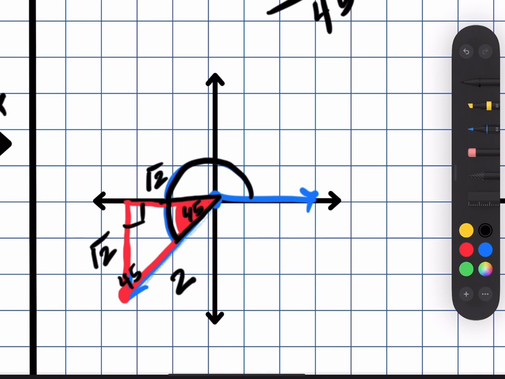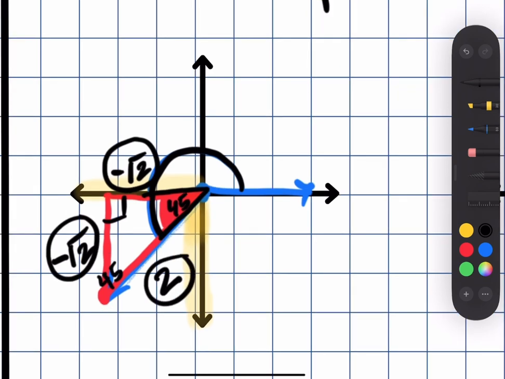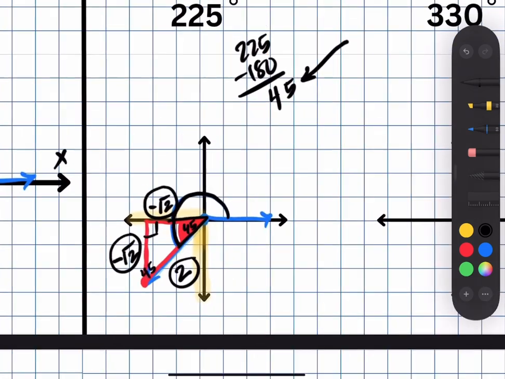The hypotenuse is always positive, and then I need to contextualize where I am on the xy axis. So I had to go to the negative side of the x-axis. So this value becomes negative. And then I had to go downward on the y-axis, which means I have a negative y value. So I'm left with negative radical 2, and positive 2 as my sides for this angle.